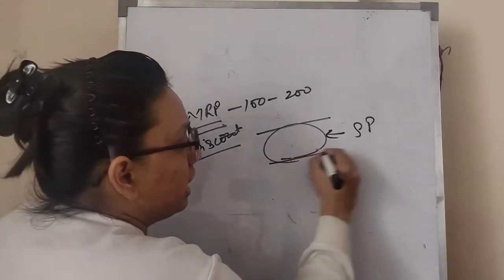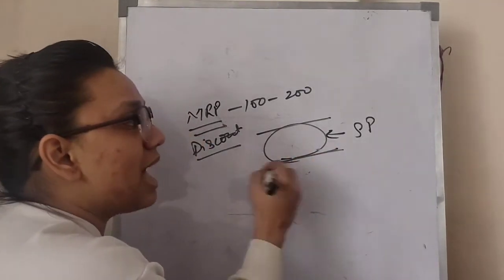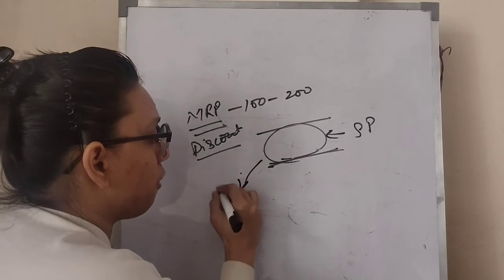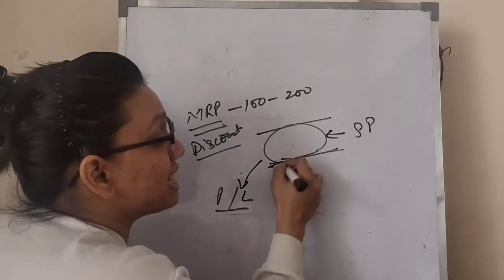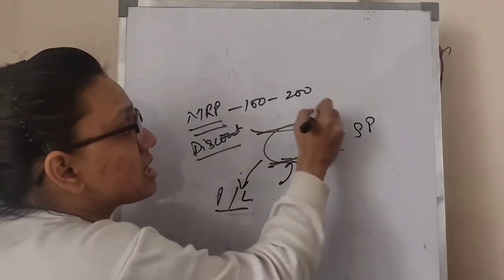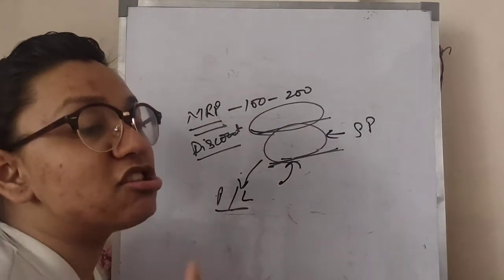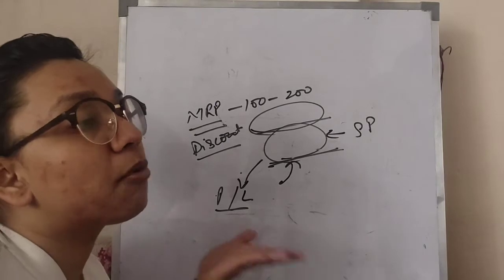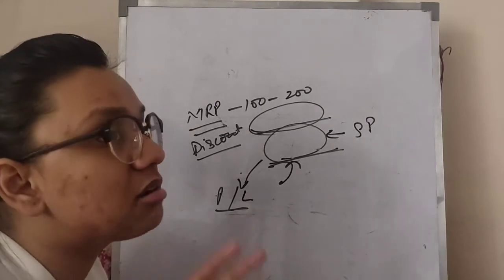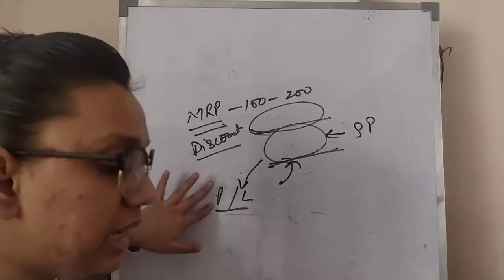You include profit or loss in this price only. Discount is something where you are ensuring the person that you are providing them a discount, so discount is something different from the profit and loss part.